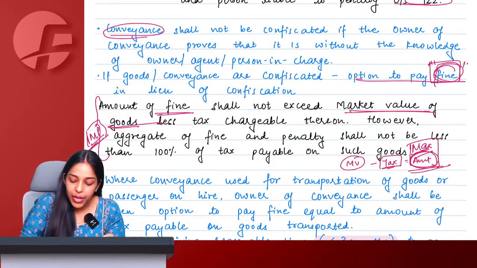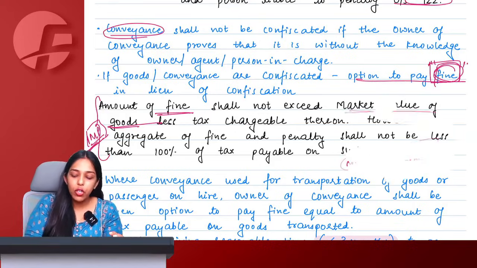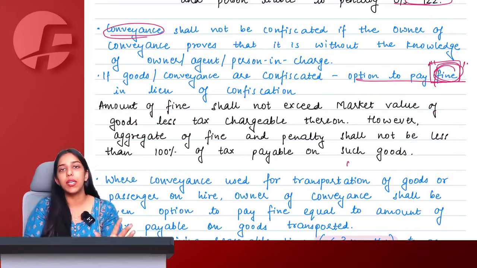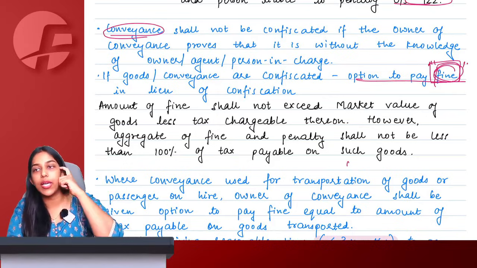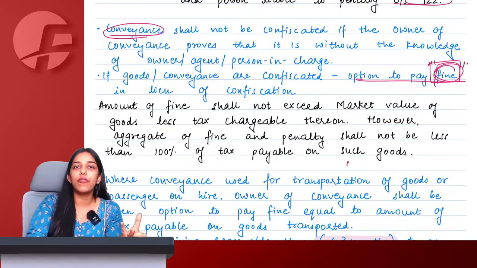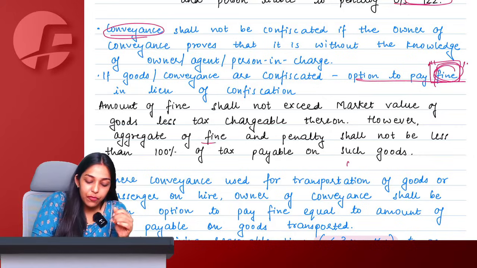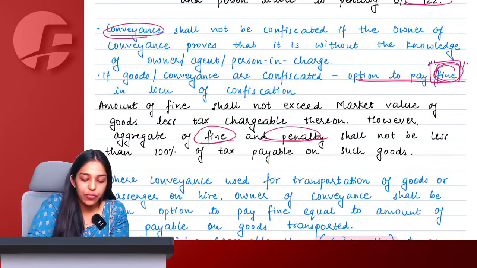The question will give you the market value and the tax amount, and you will simply have to calculate this if it appears in MCQ. If I do not want my goods or conveyance to get confiscated, in lieu of confiscation I am paying this fine. Understood?